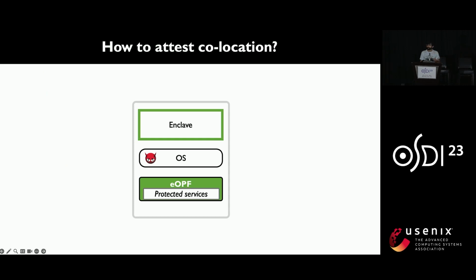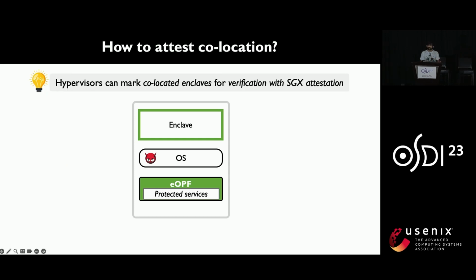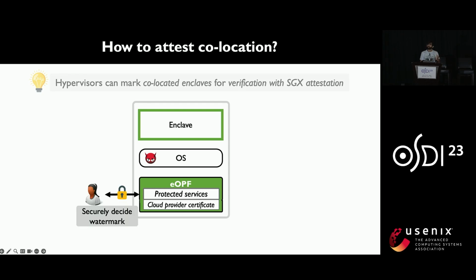To attest co-location, we leverage the idea that hypervisors know which enclaves are co-located on their machine, and they could mark them for SGX attestation. Specifically, the protocol follows such that the cloud provider initially installs a certificate on the machine, which a remote user can then use to establish a secure communication channel with the framework on some machine.